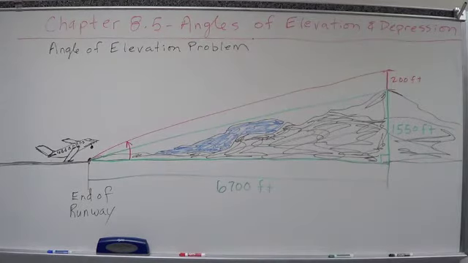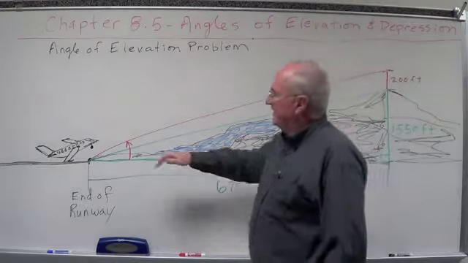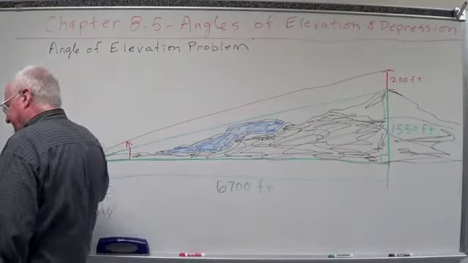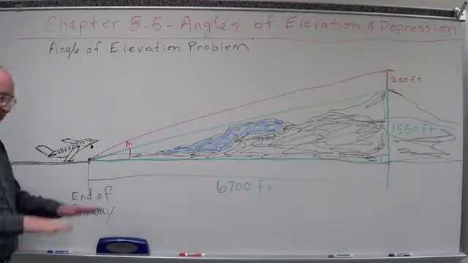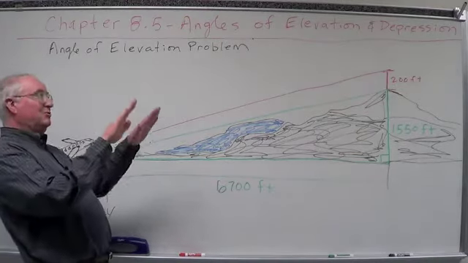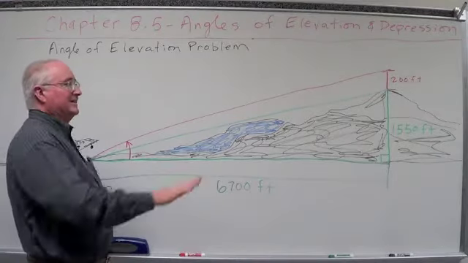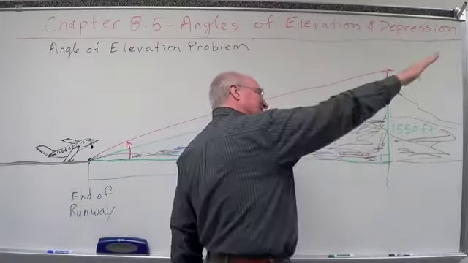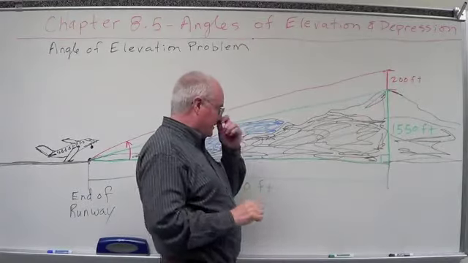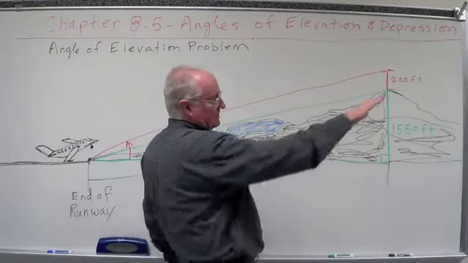Well, what we'd like to know is what is the angle of ascent? Ascent meaning going up. So what's the angle of elevation, the angle of ascent that that airplane has to take to go up so it can clear that? We want that angle to be the same. We don't want the pilot to change. Once he sets it, we want it to go up.